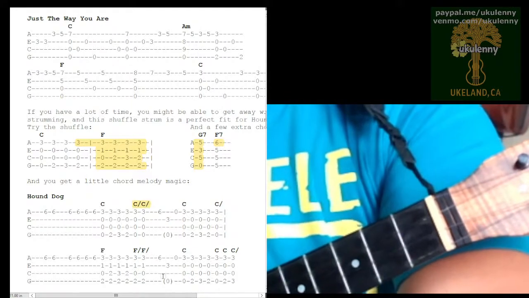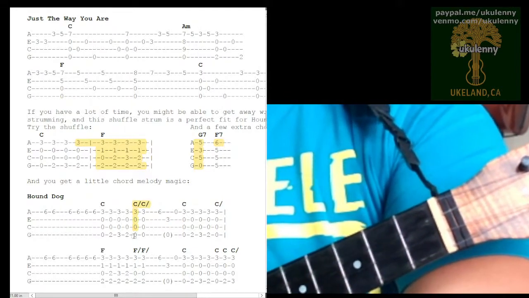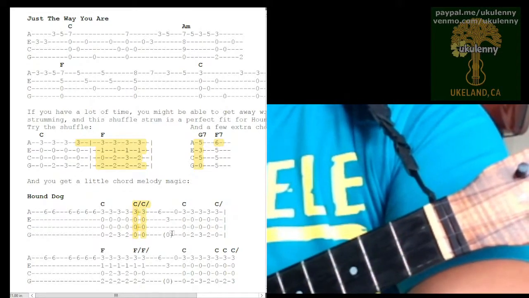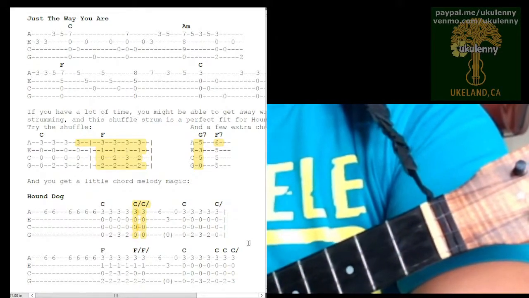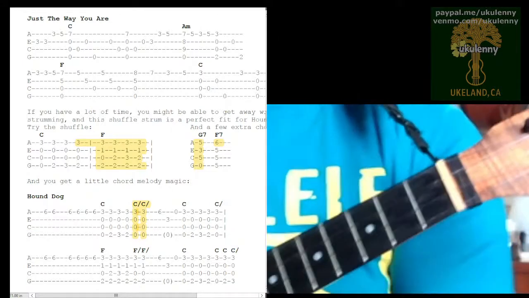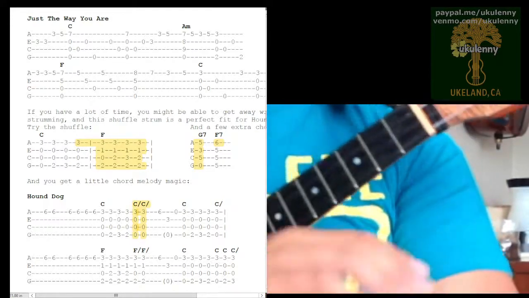For my muting fans, there's a couple of mutes to do. C, C. And I like this because it allows you, like I mentioned before, sometimes when you're doing chord melody, it's hard to handle the melody and the chords at the same time to make it sound good. So sometimes you just stop the chords.